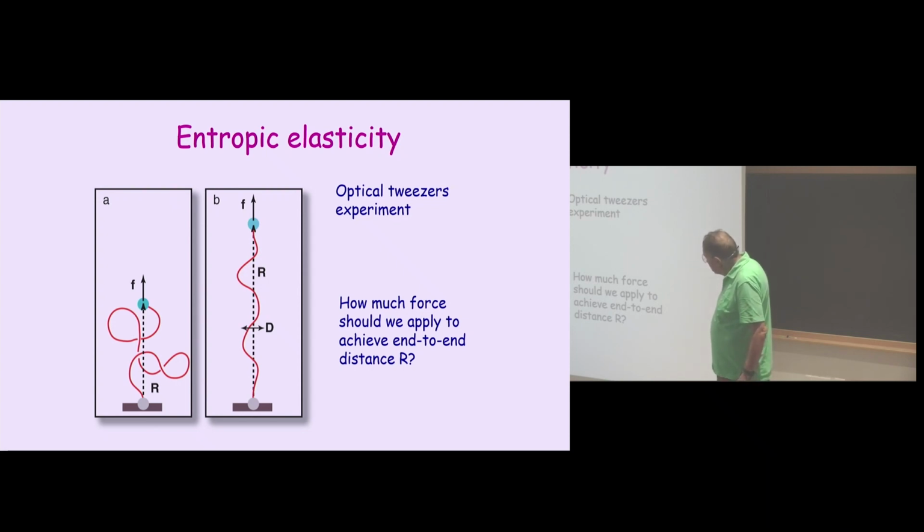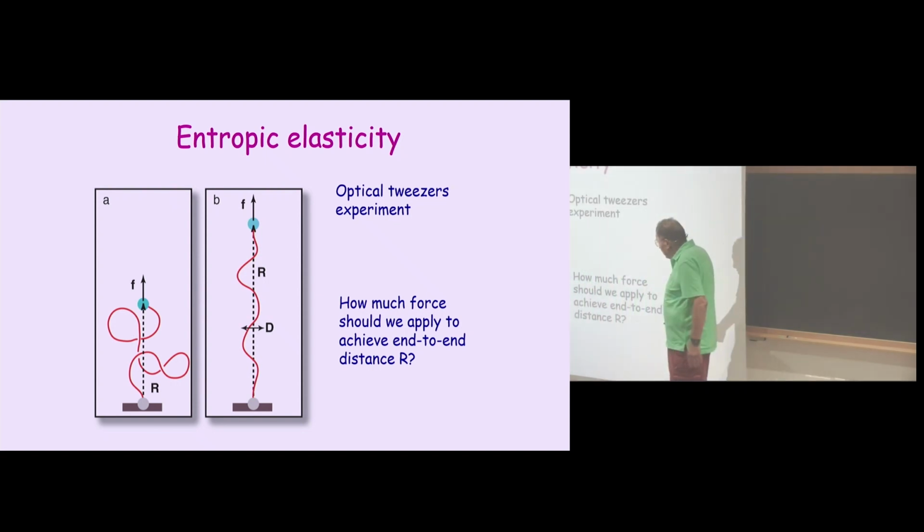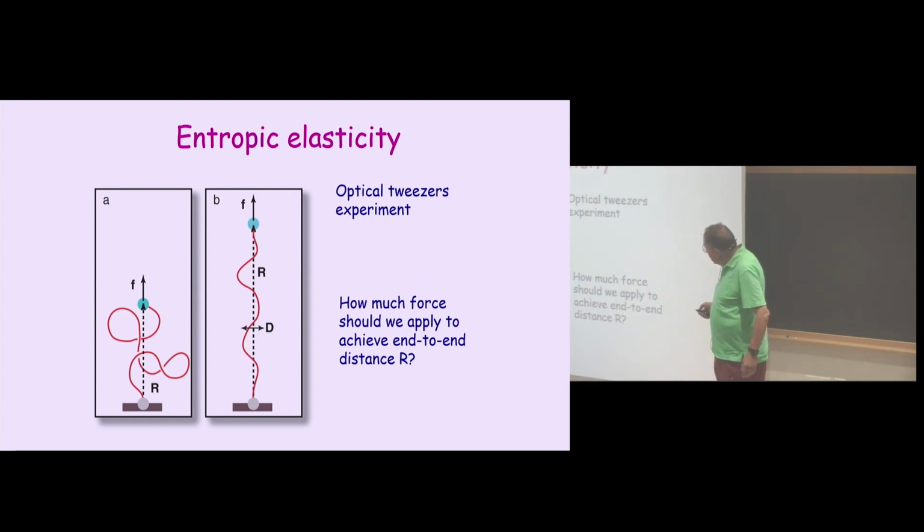So he managed to take a DNA chain, attach one end to an optical or magnetic tweezer, and then exert force. By the way, this picture is actually not right in terms of scales. If this orange thing is the DNA, then this blue thing should be about as big as me. It's a really big thing. But it doesn't matter. So you apply the force, and you pull by force, and you measure extension.